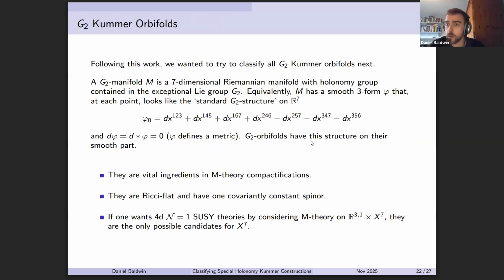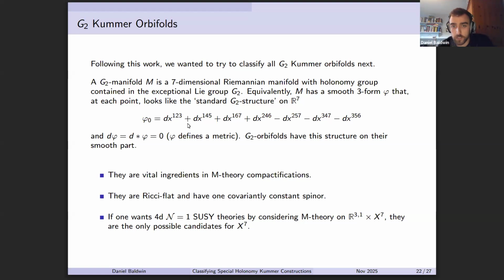Okay, so moving on from the hyperKähler case, I'll say something about the G2 case now. Following from that, we wanted to try and classify all G2 Kummer orbifolds next. I'll just define what a G2 manifold and orbifold is. It's a 7-dimensional Riemannian manifold whose holonomy group is contained in the exceptional Lie group G2. Equivalently, a more hands-on definition is that this 7-manifold admits a smooth 3-form phi that at every point looks like the standard G2 structure on R^7.